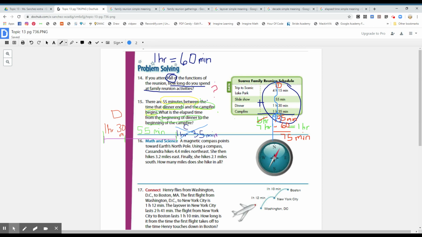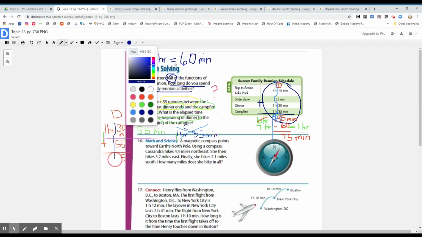So let's add them. And again, you know me, I'm a little lazy, and I'm just going to use the numbers that are written here. I'm just going to add the 55 down here, plus 55. Okay. And I hope you add, but you're going to have to convert, boys and girls. 0 plus 5 is 5. And remember, it's a smart thing to keep your hours and your minutes separate.